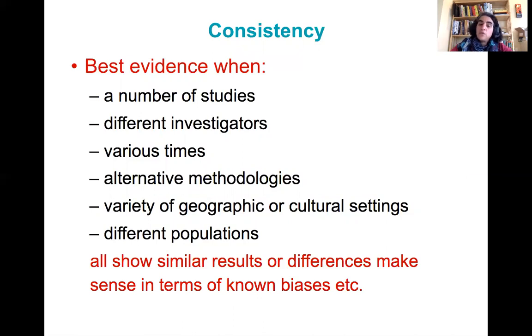Can we do it in a bunch of different geographical and cultural settings with different populations, men and women, people in China, people in the United States, people who have different levels of severity of the exposures? The more different studies we see which lead to the same basic relationship, the stronger we think that relationship is, the more likely it is to be causal, because that means there's less room for various biases and confounders that we hadn't considered to be sneaking into the story.